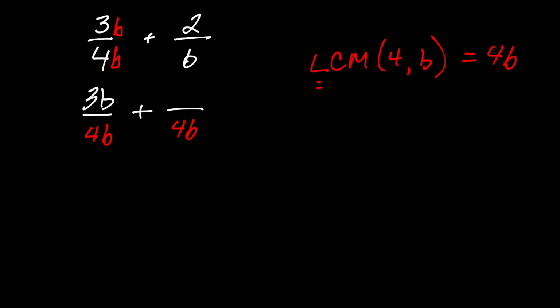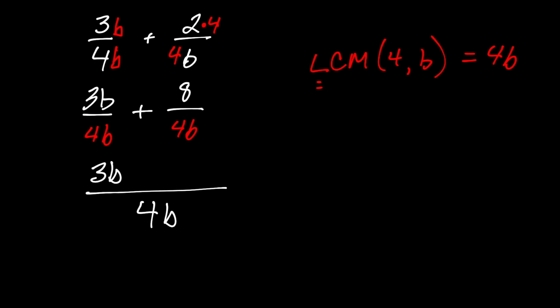And let's see. This got multiplied by 4. So I have to multiply the top by 4. So when I multiply 2 times 4, I get 8. So now I have a common denominator of 4b. And I'm just going to write what is in the numerator. 3b, so I'm going to write that here.